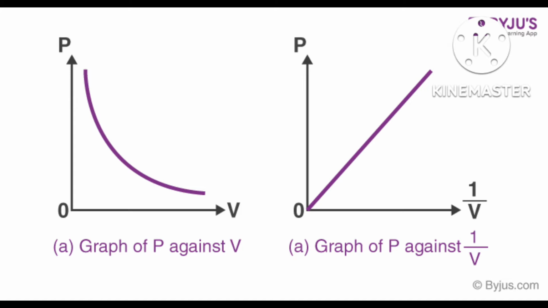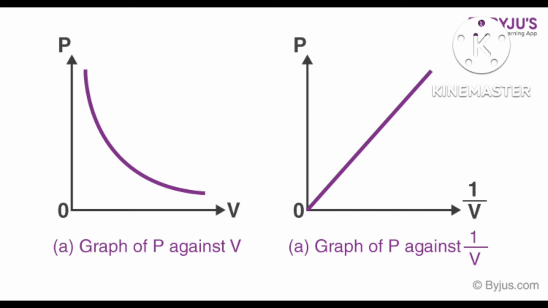When both are fixed, P is proportional to 1 upon V. When you convert the proportionality sign to an equality sign, you have to multiply by some constant K. Then P is equal to K into 1 upon V. Then just simplify, and you will get PV is equal to K, where K is a constant.